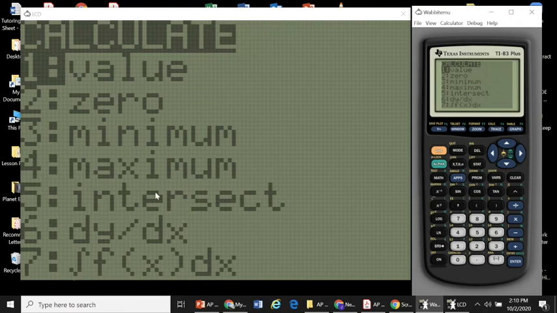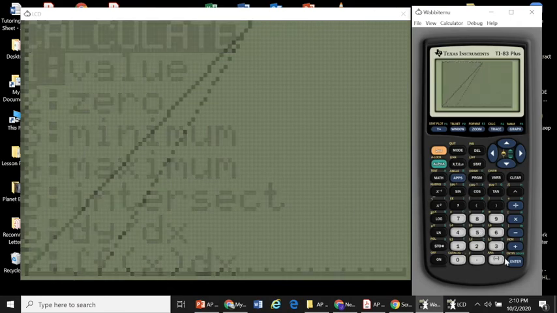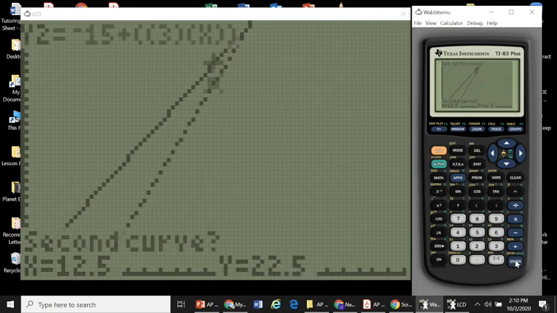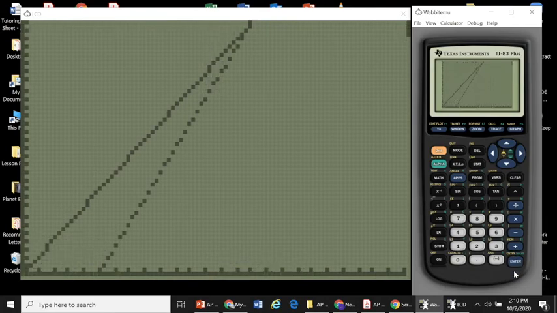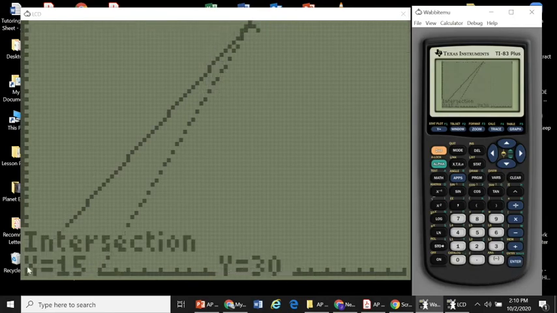And if we hit 5, which stands for intersect, we can see the time at which these intersect. So we click our first curve, we hit our second curve, it's going to take a guess, and it tells us that the x coordinate here, which is our time axis, is 15 seconds. So it takes 15 seconds for that object to be caught.